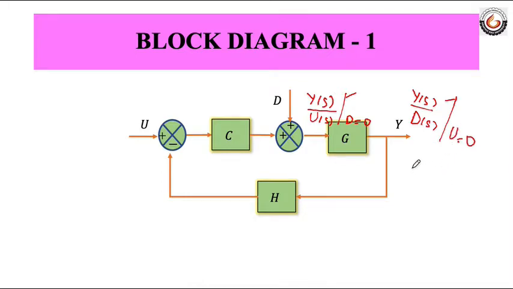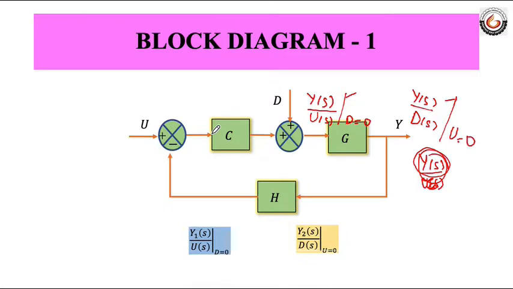Then finally we will find the total response Y(s) using superposition. I will call the parts Y1 and Y2. Y1 is the response when U is alone acting, and Y2 is the response when D is alone acting.